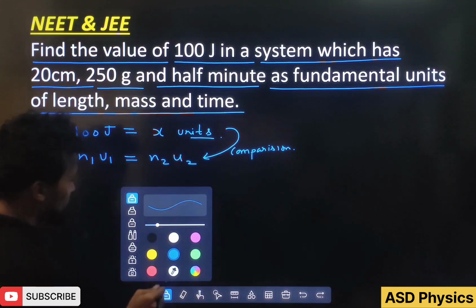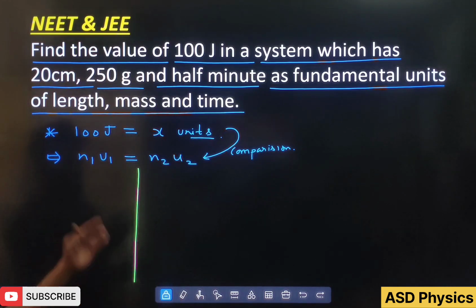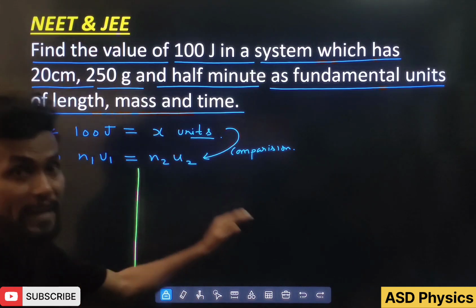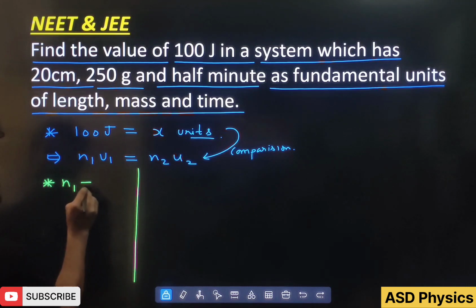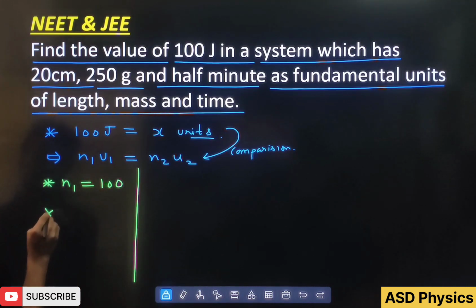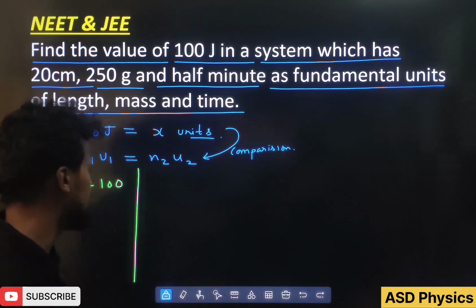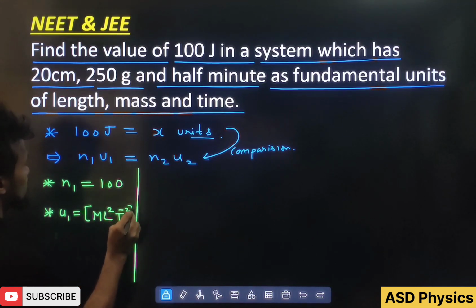When we do the comparison, I will make two parts, one system of units and the other system of units. If I write the value of N1, it is 100. And for U1, I will not write joule, I will write the dimensional formula, M L square T power minus 2.